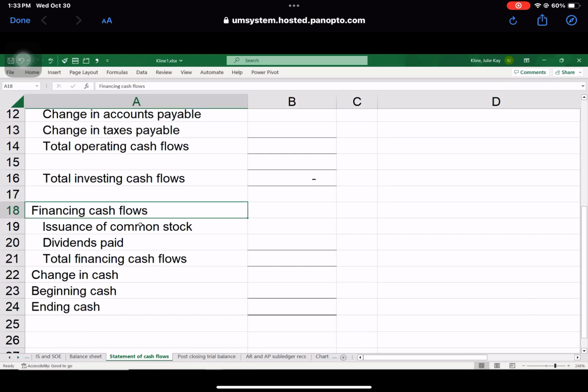Financing cash flows, this is all of your equity. So we will have where you issue common stock, you will get cash for that issuance. The entry to issue stock is debit cash, credit common stock. That creates cash inflows for your business. You could also have debt issuance in financing where you debit cash, credit notes payable, right?